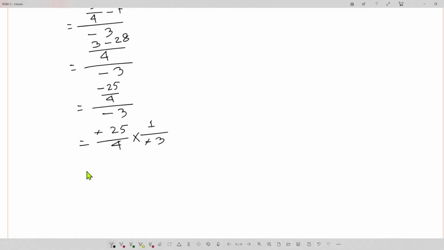So we can write 25 by 12. Not 24. 4 times 3 is 12, and it's an improper fraction. We can write 2 and 1 by 12. Okay, it's a very simple thing. This is the value of x when the fraction is positive.